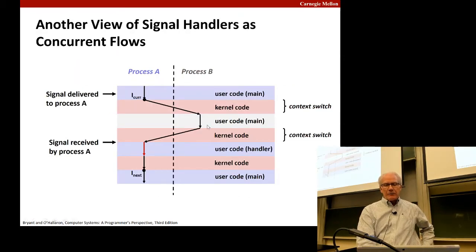It's a similar idea to a context switch. So here's an example where A switches to B, and now as B comes back to A, it sees that there's an unblocked pending signal, and it executes the handler code for it. And when the handler returns, it returns back to the kernel, and potentially then it will just resume back to the original program.